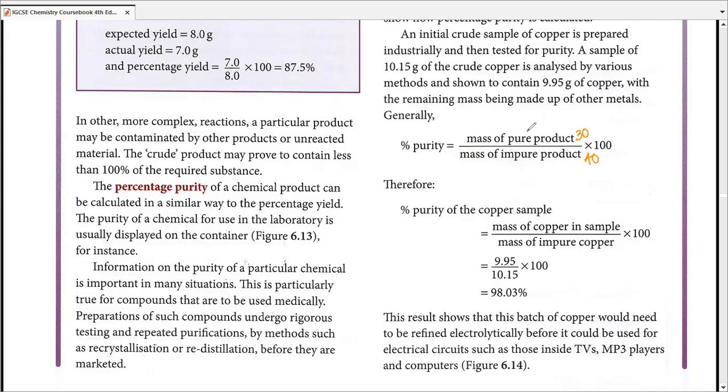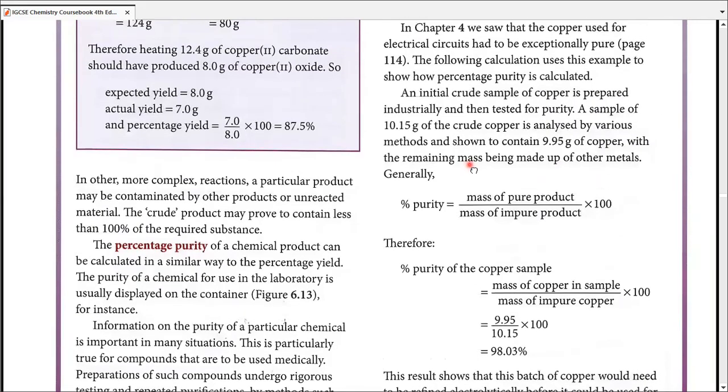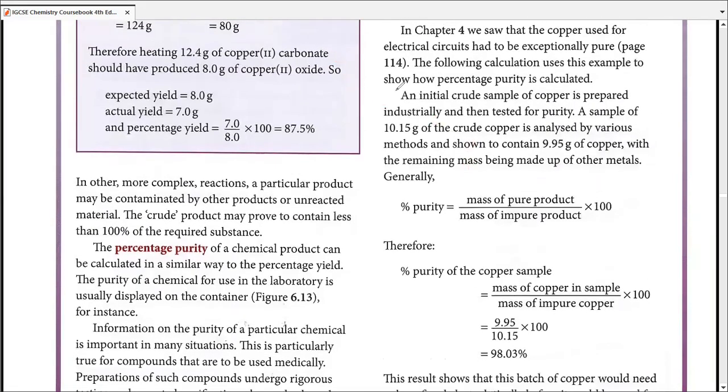So we do the same with pure product and impure product, keeping in mind that the amount of impure product is usually more, and when we remove the impurities, the amount of pure product is usually less. For example, they have taken the example of the purification of copper, and they have put the example in this paragraph. Take a look at it.